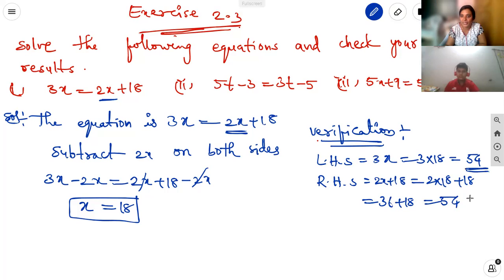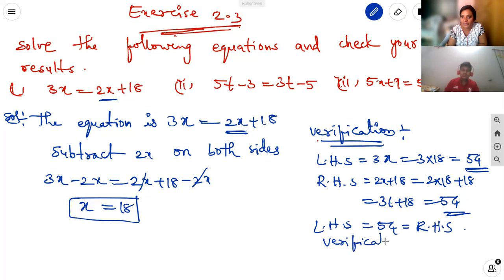The both values are the same, left hand side value and right hand side value. Therefore verified, LHS is equal to 54 equal to RHS. So it's verified.